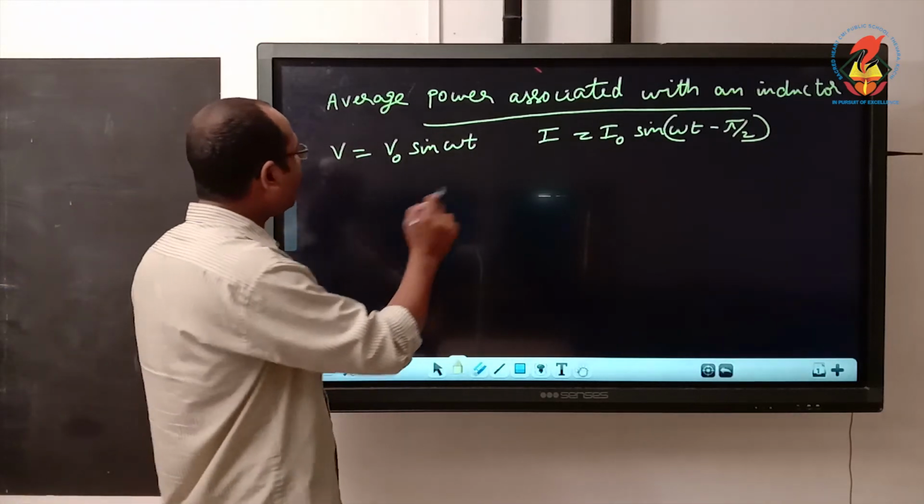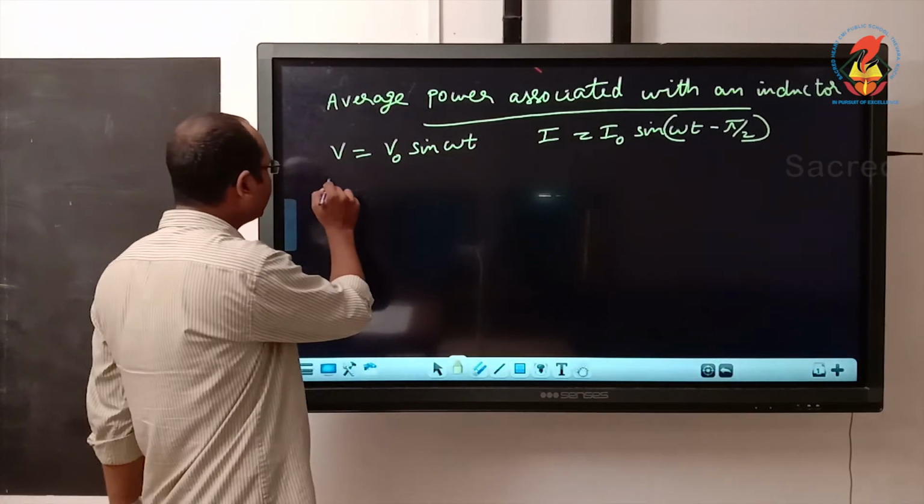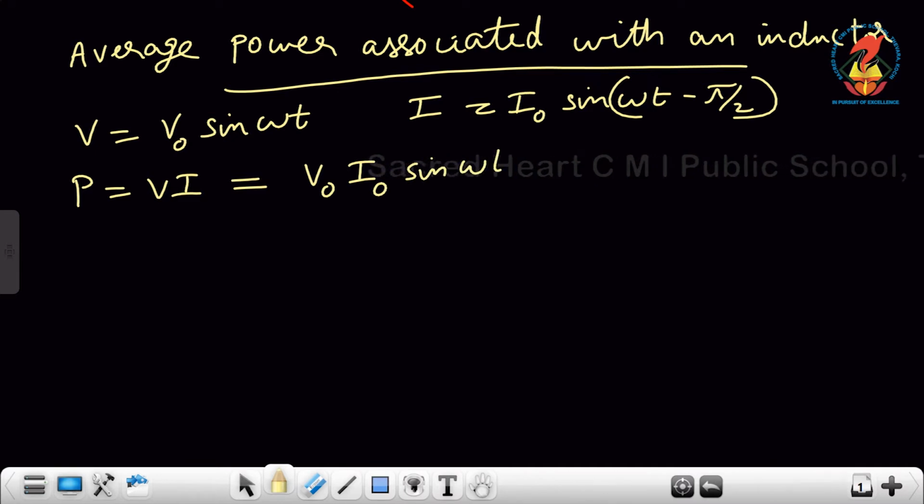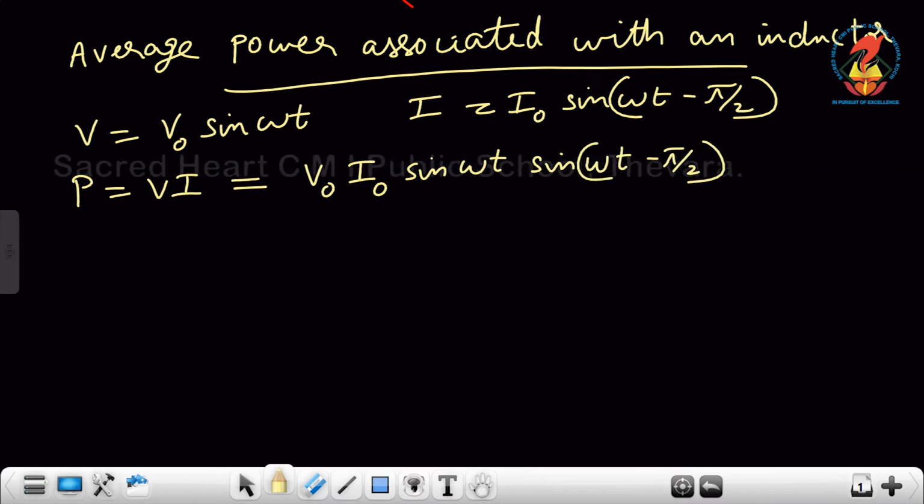Then I am going to find the instantaneous power. P is equal to V into I. So V0 I0 sine omega t sine omega t minus pi by 2.